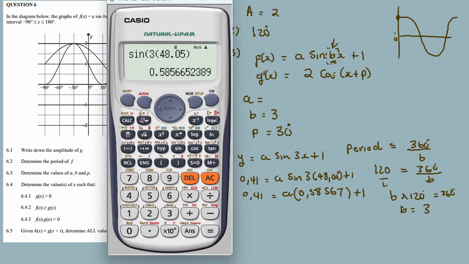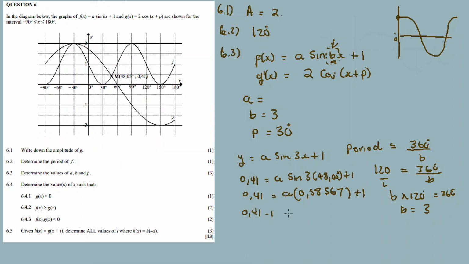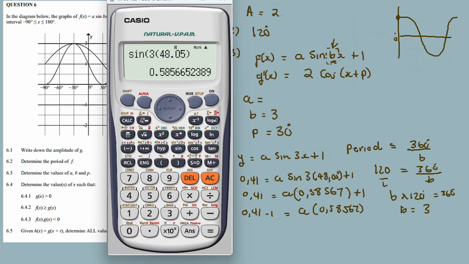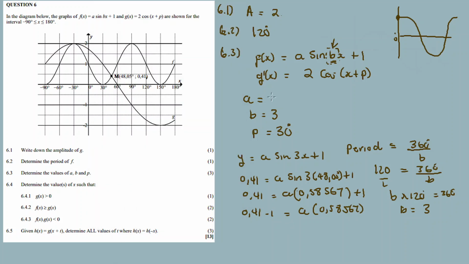Let's say izothi 0,41 minus 1, a 0,58567. Bese ngiyabona ukuthi okay u0,41 minus 1 is equal to, so ngapply algebra basically la, divided by lo 0,58567, divided the answer ubani u-negative 1. So the a it's negative 1. Nayi answer yethu ke.